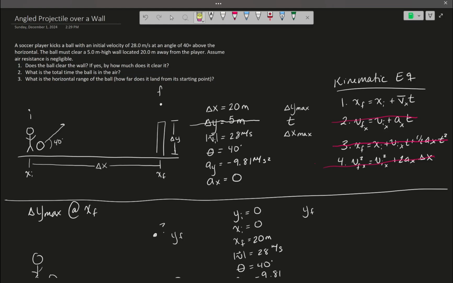So, how am I going to solve this? I could try to figure out how long it takes to get to its maximum height, and then how long it takes to fall from there. That's the only thing that comes to my mind. I'm sure there's another way to do this.